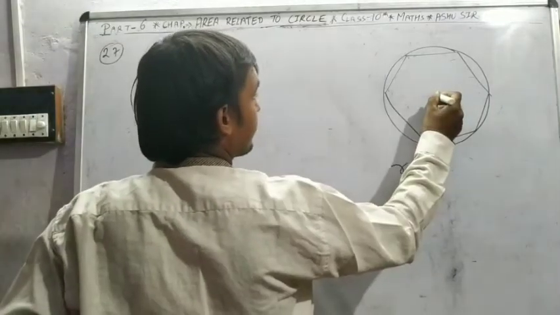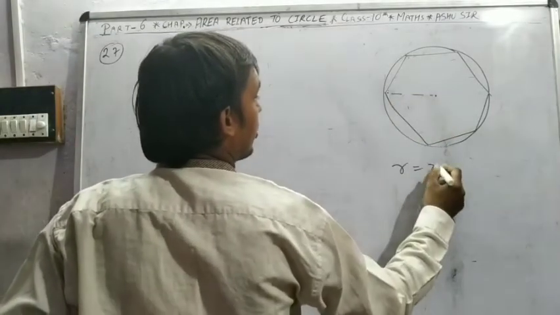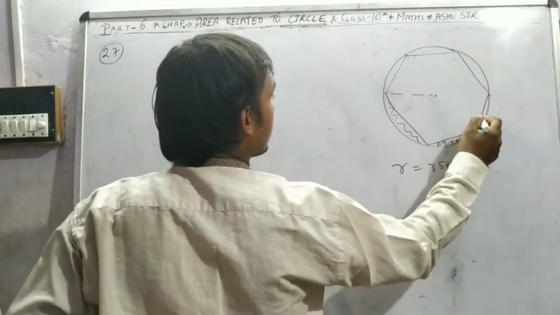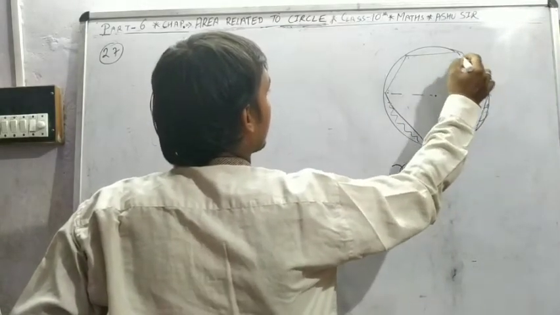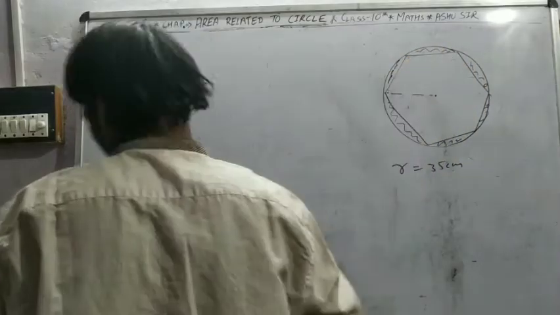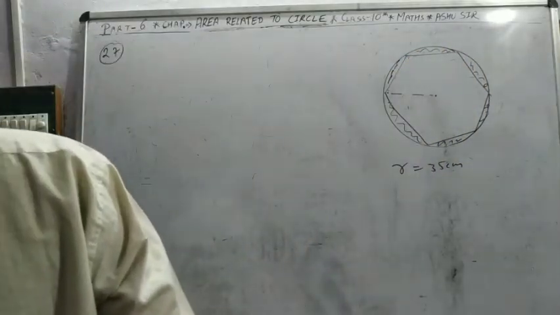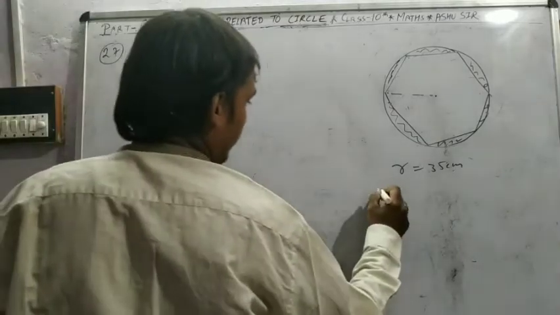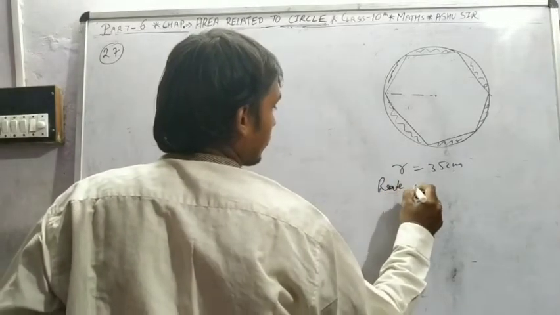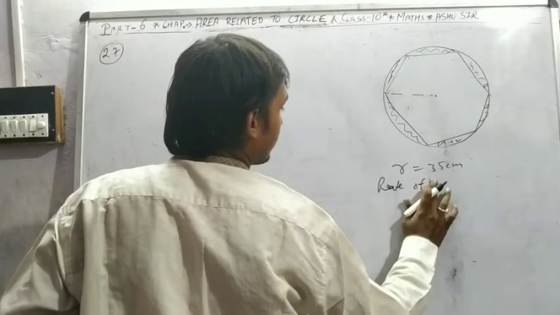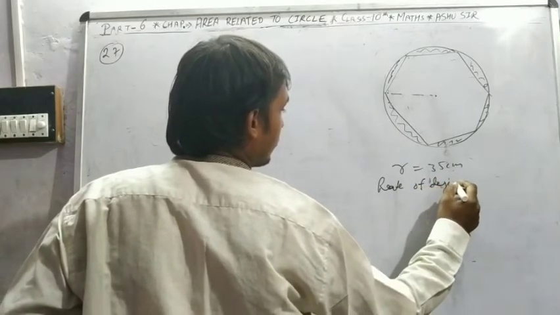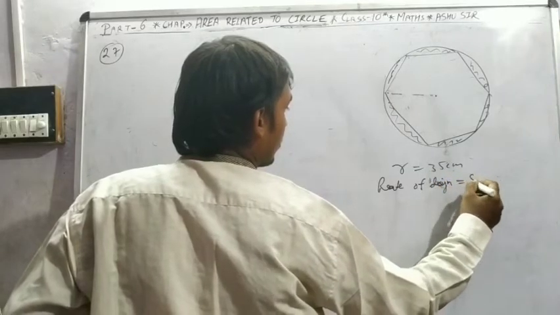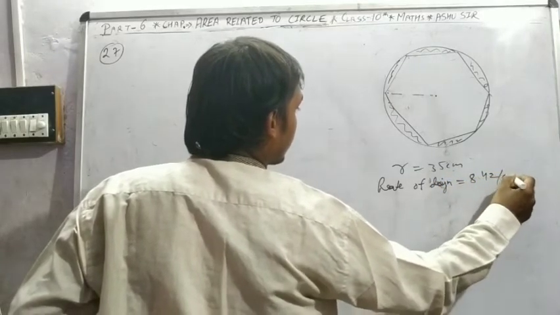Radius 35 centimeter, and this is the design. Rate of design 8.42 per centimeter square.